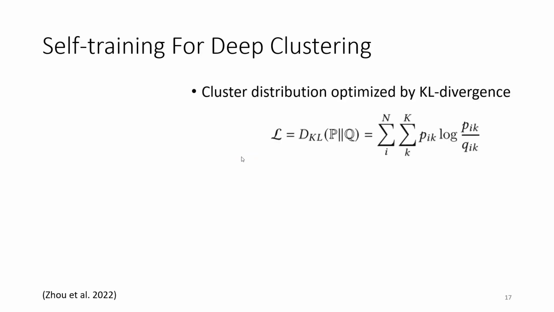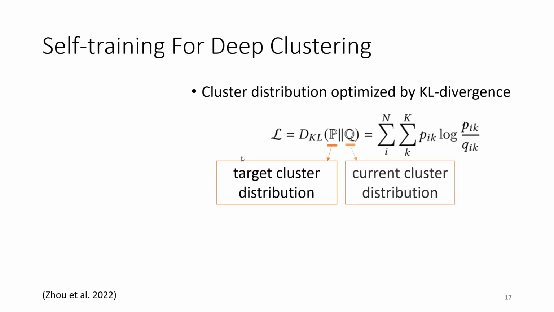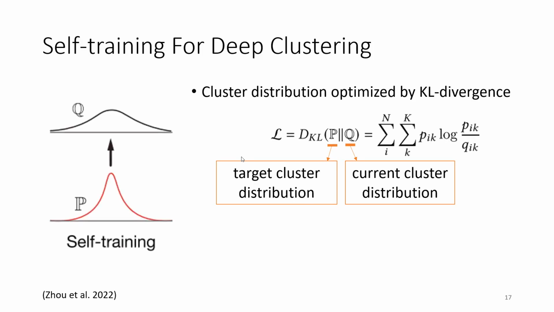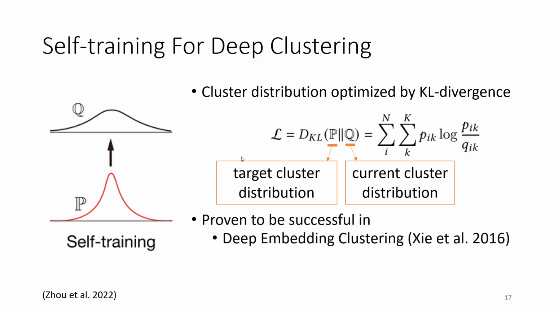For that, we optimize the network with KL divergence loss. Here, P is the target cluster distribution, what we want, and Q is the cluster distribution from our network. That is, we want to make these two distributions as similar as possible. This method was used by Jia et al. in their paper called Deep Embedding Clustering.